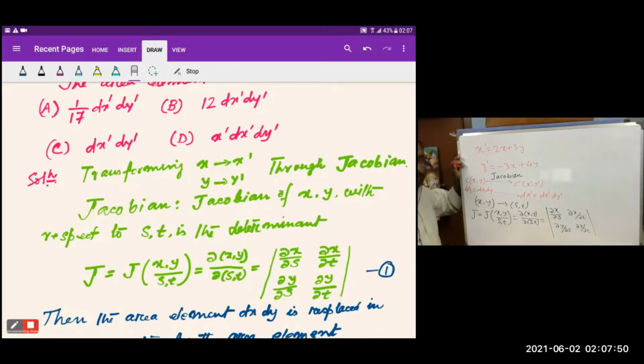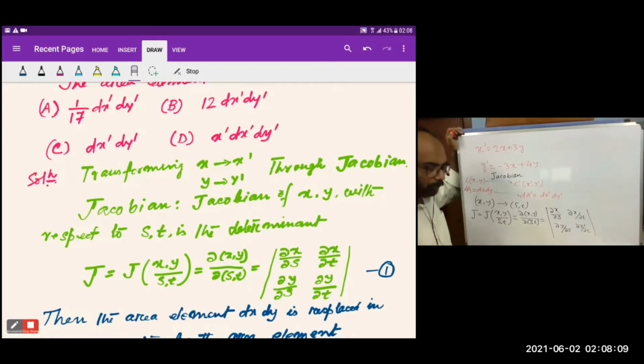So using this Jacobian, we can go from xy to st coordinate system. So here we have to go from xy to x dash y dash coordinate system.